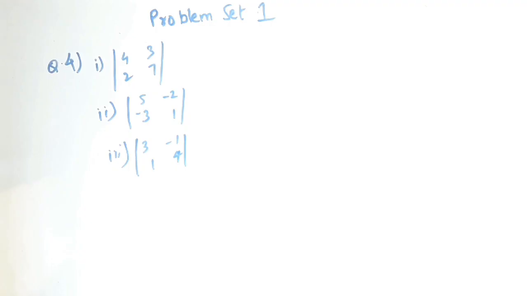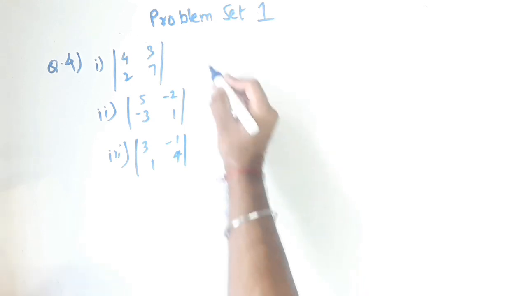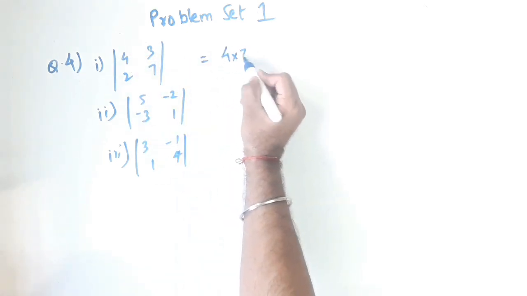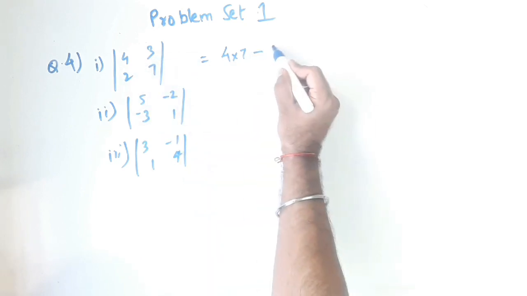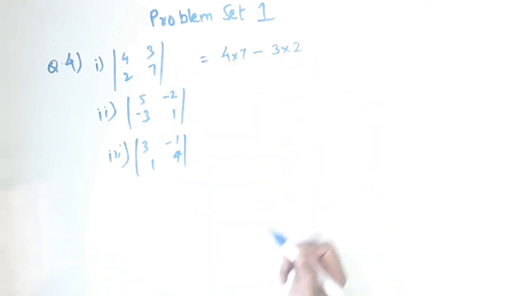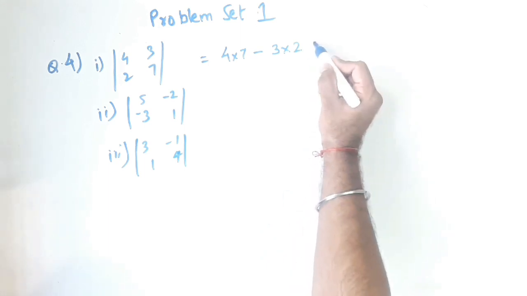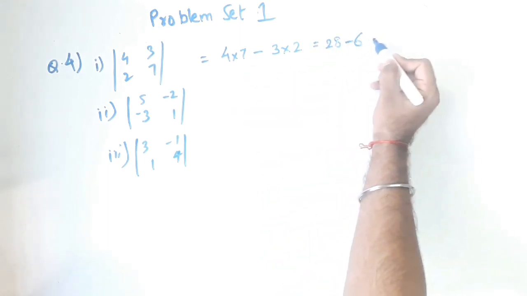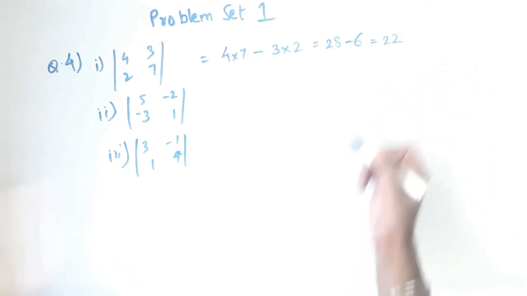Okay, so question number 4, we have to find the value of the determinant. How will we find this? You know it is a into d, 4 into 7 minus b into c, 3 into 2. So that is 28 minus 6. What is 28 minus 6? It is 22.